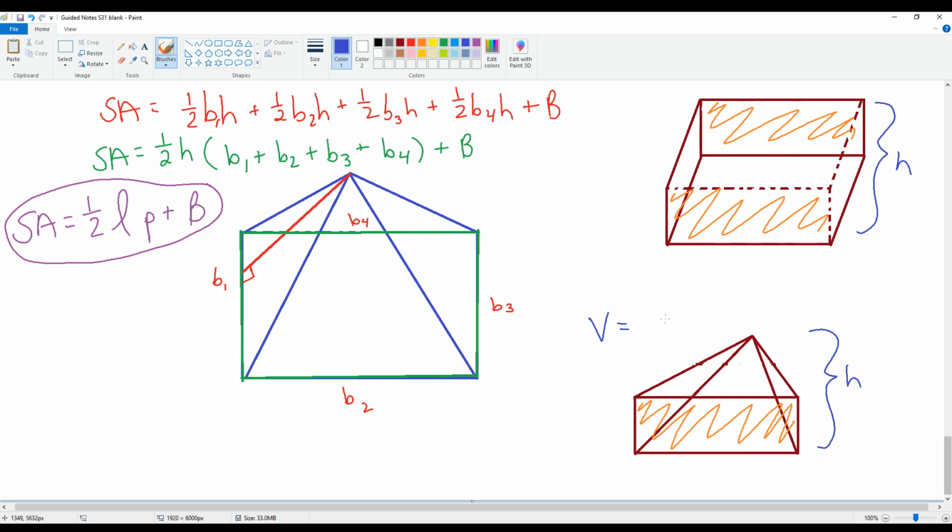So we do know that the volume of a prism is found by area of the base times h star. So this will be h star because it's the height of the 3D shape. The volume of the pyramid is going to be smaller. In fact, it's going to be 1/3 of that, which was the prism.